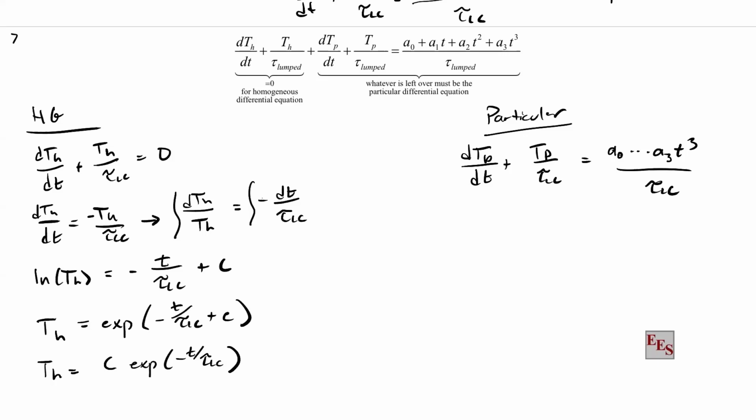Well, our guess is supposed to be something like the right-hand side, but specifically the thing on the right-hand side and any derivative of that thing. So what should our guess look like? What's the right-hand side? It's some cubic function of time. So I'm going to say, we'll need a few constants: C, t cubed.